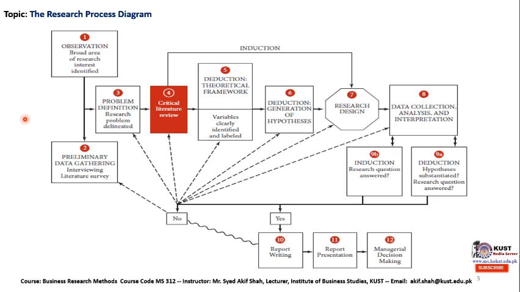This is the research process diagram, and we have already covered in our series of lectures the broad problem area, the second step, preliminary data gathering, and the problem definition, or narrowing down the broad problem area. We have discussed the literature review in our previous lecture, and specifically we have discussed the journal articles, published and unpublished research work pertinent to our broad problem area or to the narrowed down problem area.